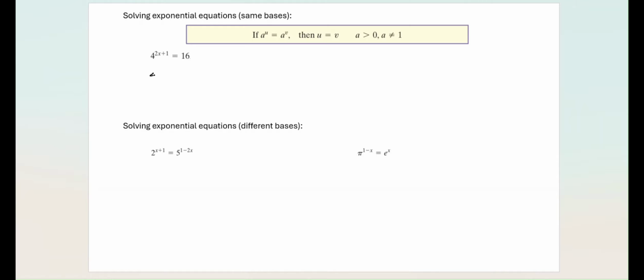So we have this 4 to the power of 2x plus 1 equals to 16. We know that 16 is equal to 4 squared. Then now we have the same basis. We can say that 2x plus 1 is equals to 2, so 2x is equals to 1.